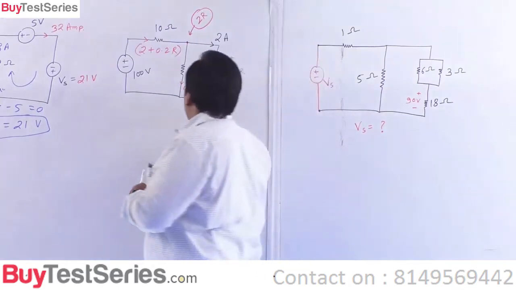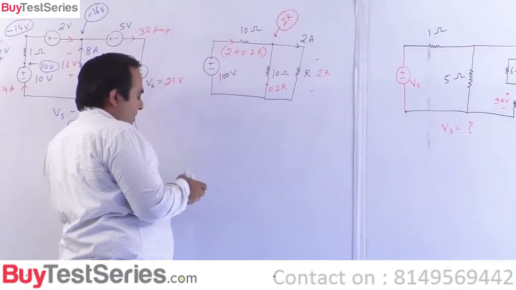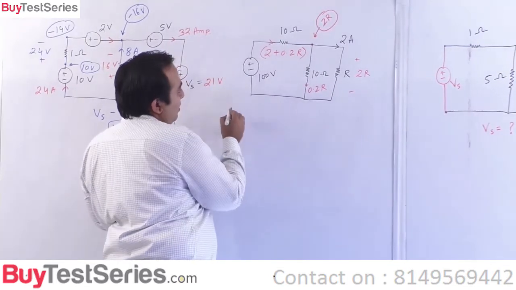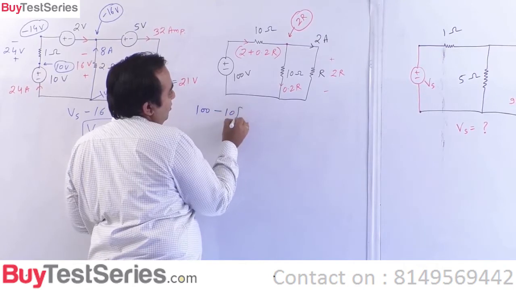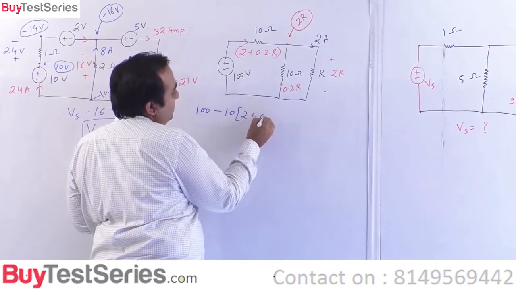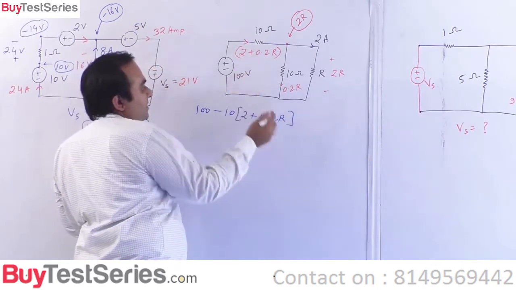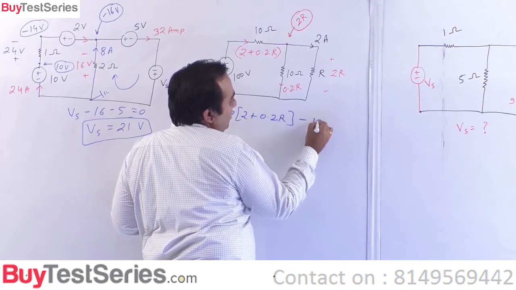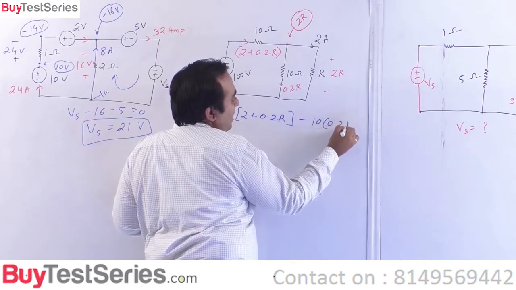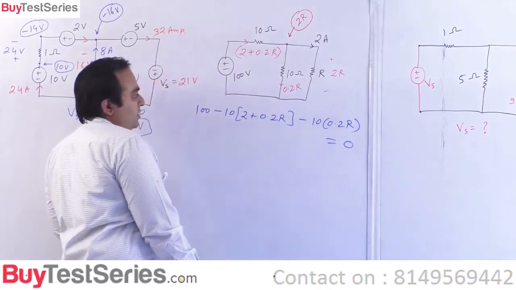Alright. So we can simply apply KVL here. Applying KVL will give you 100 minus 10 into 2 plus 0.2 R, and I can simply finish it here in this loop, minus 10 into 0.2 R, and it has to be equal to 0.